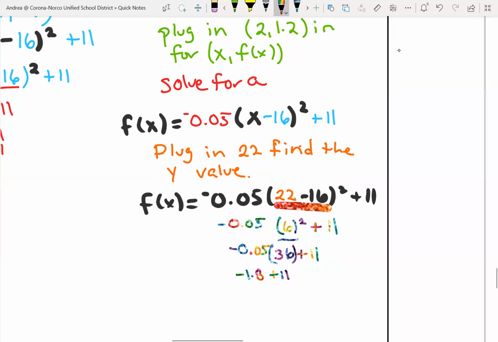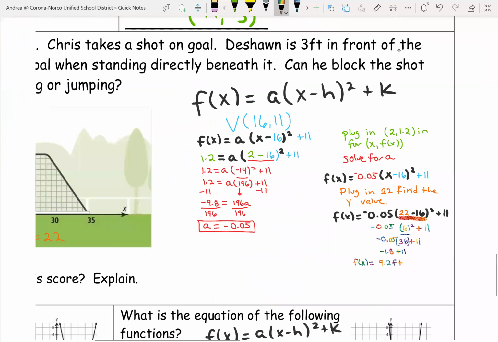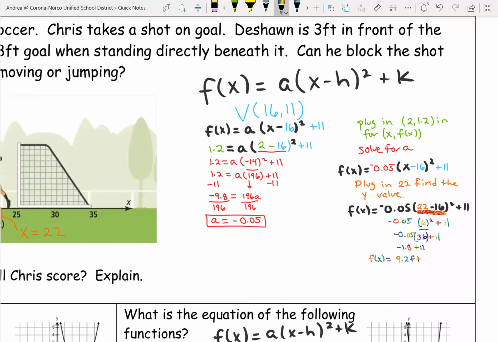So f of x equals, is that 9.2? 9.2 feet. So in the end, can he reach 9.2 feet without jumping or moving?